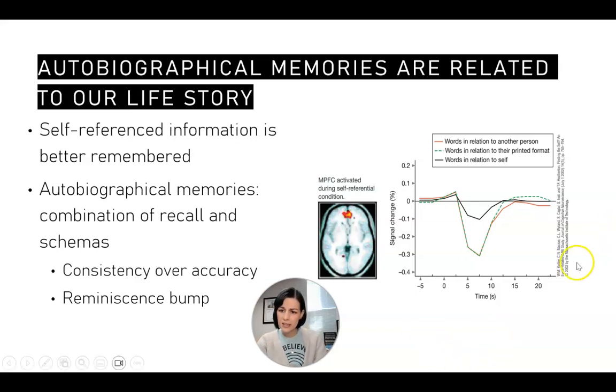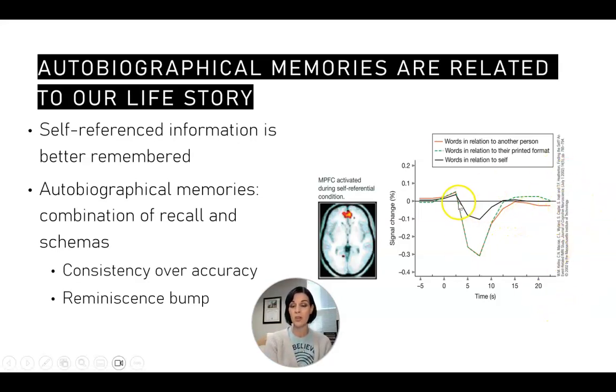So what you're looking at here is some data from Kelley and colleagues back in 2002, and they're basically looking at an fMRI in areas like the medial prefrontal cortex, trying to remember words. And what you can see is we're looking at words in relation to another person, words in relation to their printed format, and then words in relation to the self. One of the things that you can see is that there's not a lot of difference in signal change with respect to words related to another person or words that are related to their printed format.